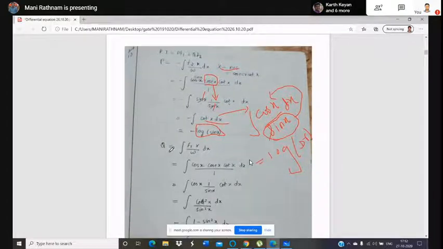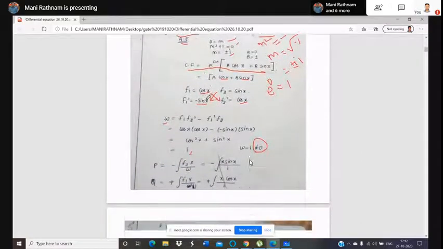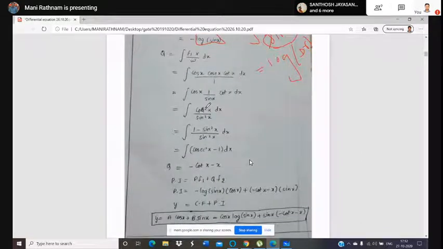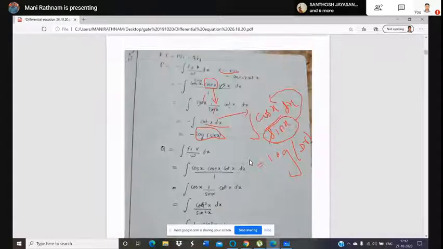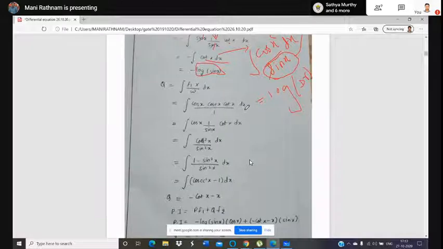And if you want Q equal to integration of f1 capital X by W dx, f1 is as usual. From the CF, you find that f1 is cos x. Here it is cos x. Capital X is nothing but cosecant x cot x dx. Cosecant x, using the trigonometric substitution, is 1 by sin x.